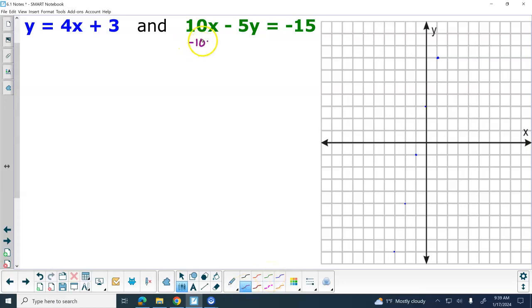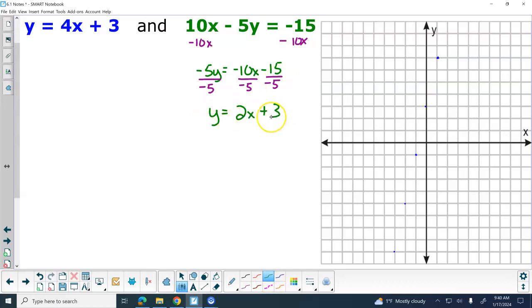So subtract 10x. Gives me negative 5y equals negative 10x minus 15. Divide everything by negative 5. That gives me y equals positive 2x plus 3.